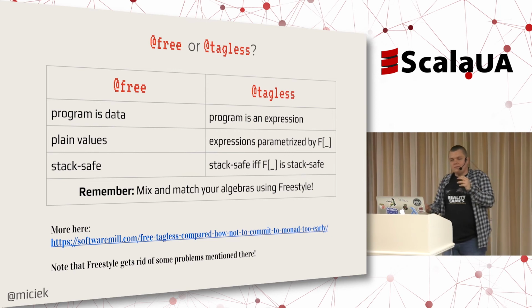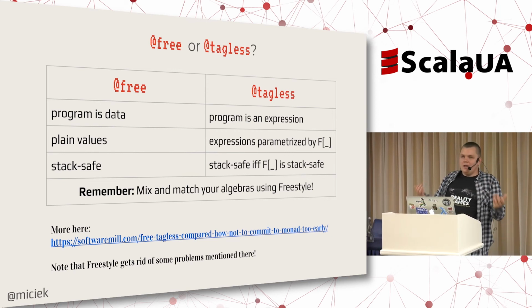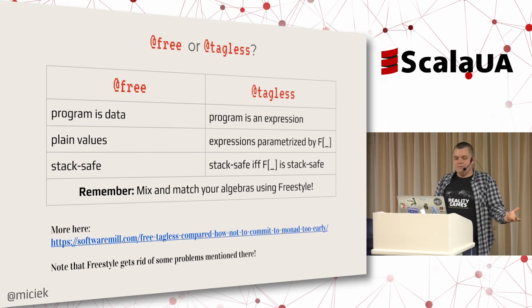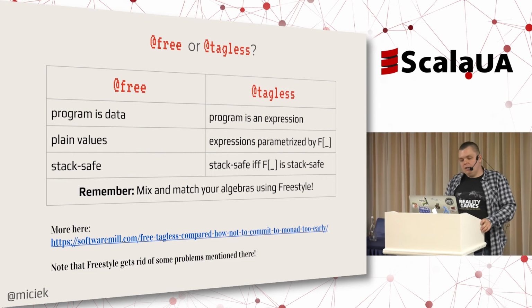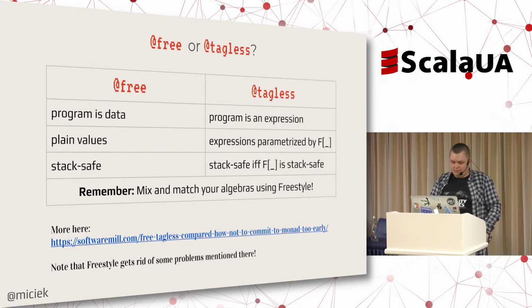So in free, program is data, and tagless is an expression, and that means that we have some additional properties in both cases, right? For example, in free we have stack safety, and in tagless we don't, but we have GC heavy programs. So something to look at when you are comfortable using both approaches.